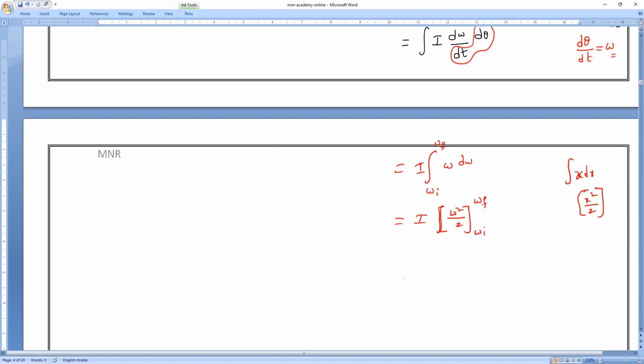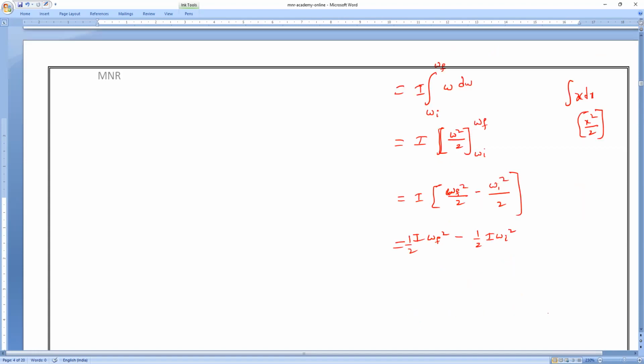So that's all it is. Now you can substitute. I into one-half of the square of the final angular velocity minus one-half of the square of the initial angular velocity. If I multiply it out, we get one-half I ω final squared minus one-half I ω initial squared.